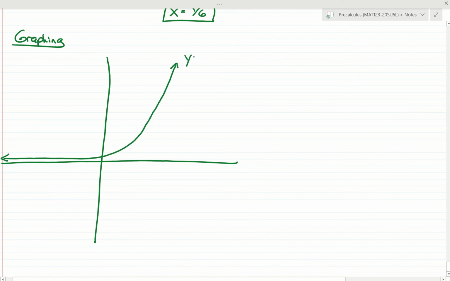This is the graph of, let's say, y is equal to 2 to the x. And we said there were 3 things you need to know about this. One is its shape. Shape looks like a hockey stick. Second one is the y-intercept is equal to 1. The third one is a horizontal asymptote is y is equal to 0.